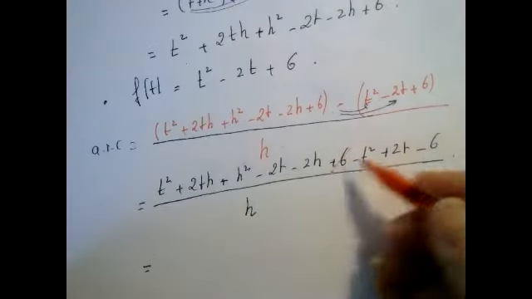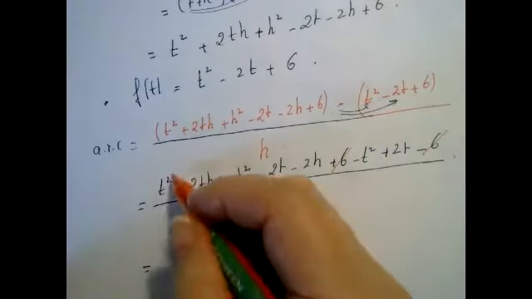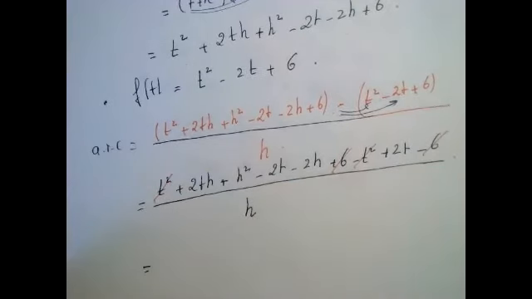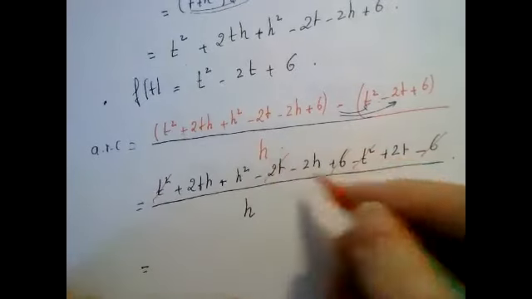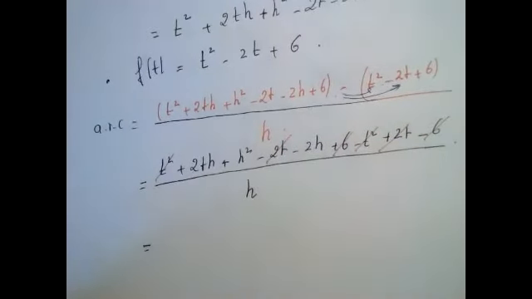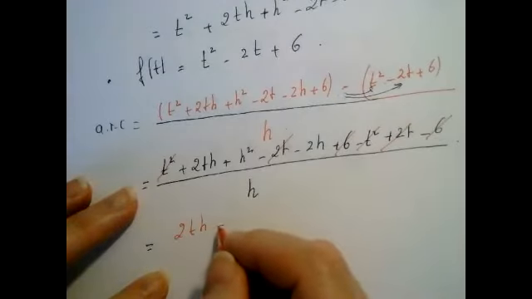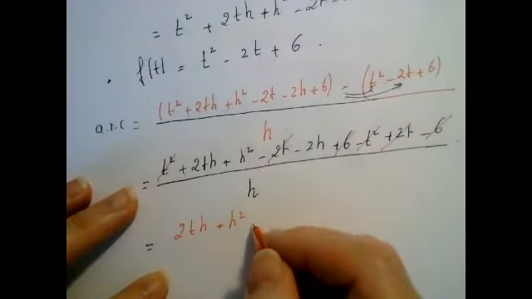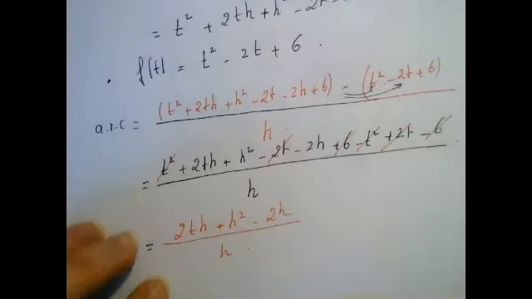So let's see. Those 6s cancel each other out. Anything else cancel? The 2 t's, okay? Very well. So what I will be left with is 2th plus h squared minus 2h, divided by h.